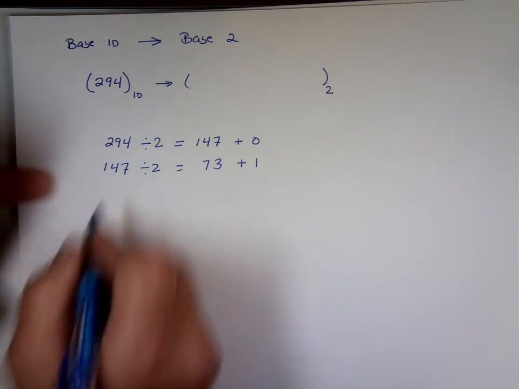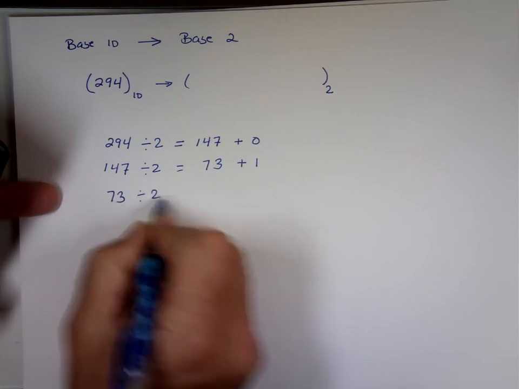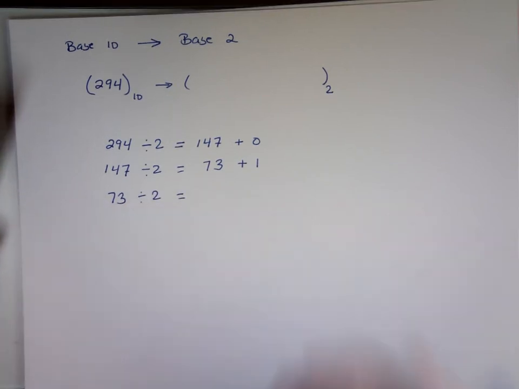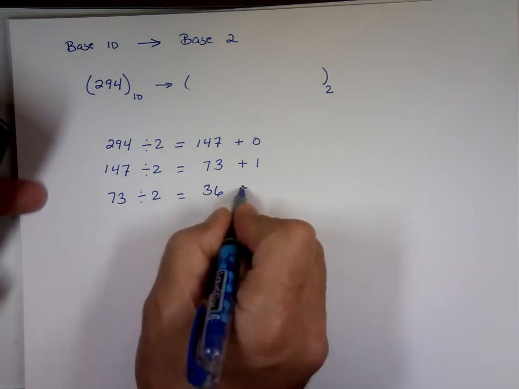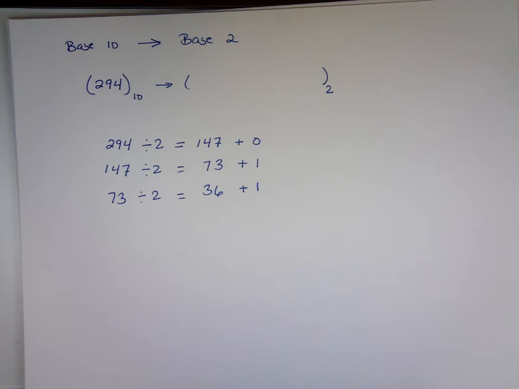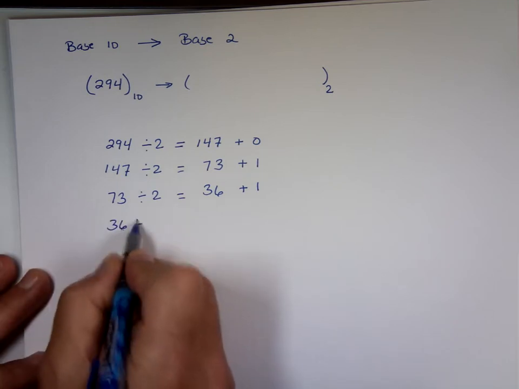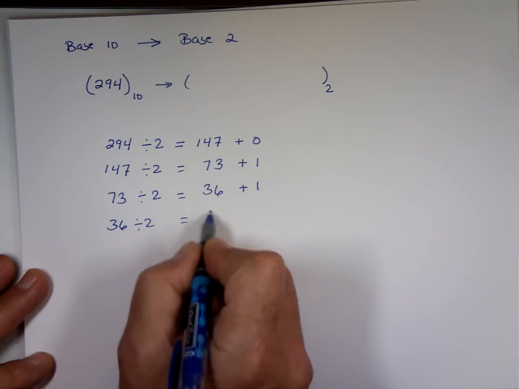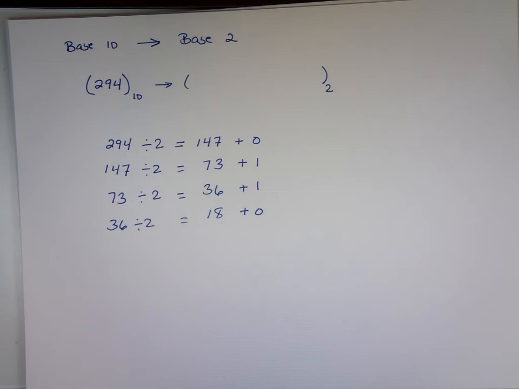If you take the 73 and you divide it by 2, 36, remainder of what? 1. 36 divided by 2, 18, remainder of what? 0.